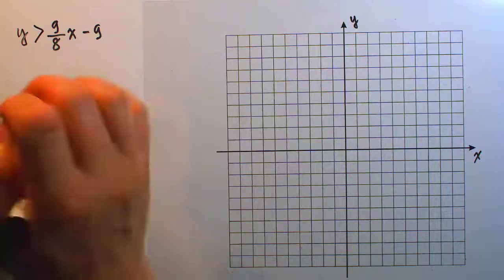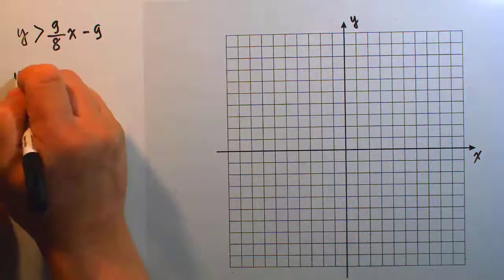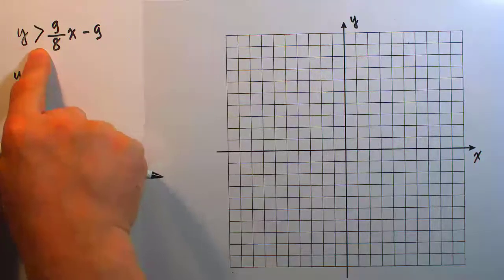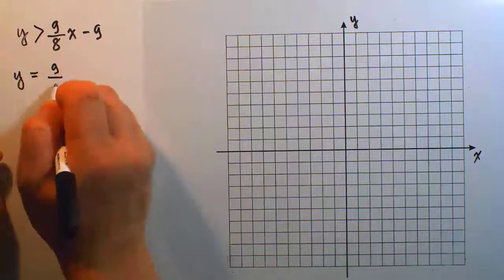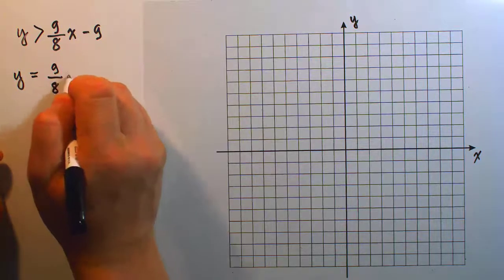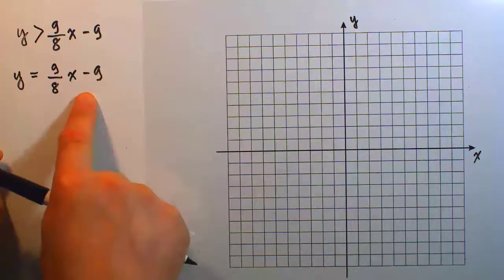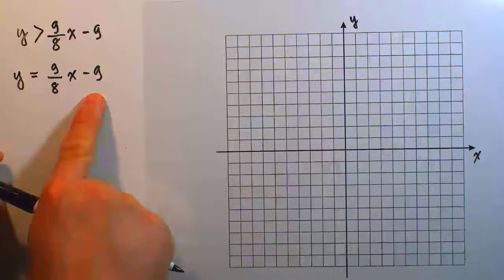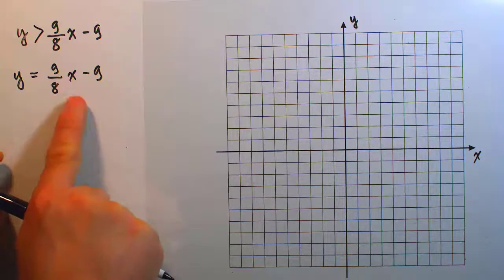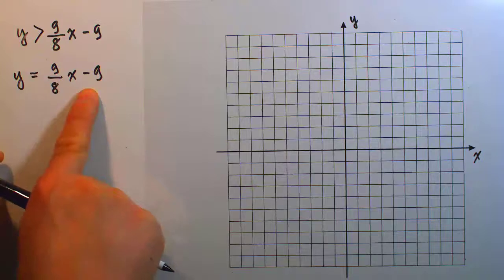The first thing is to change that inequality sign into the equal sign, so that we are pretending that what we have here is a line. So we are now going to graph the line y equals 9 over 8 x minus 9 first. This line has a slope of positive 9 over 8 with a y-intercept of negative 9.